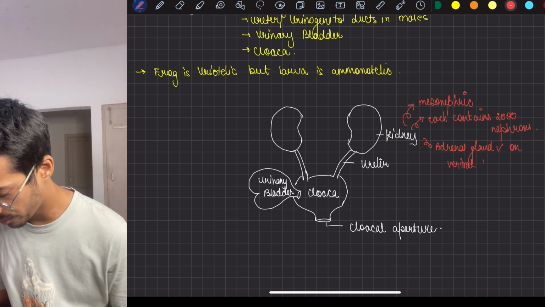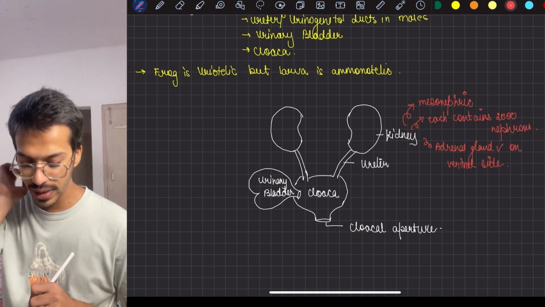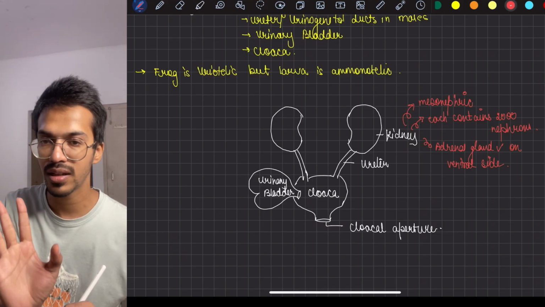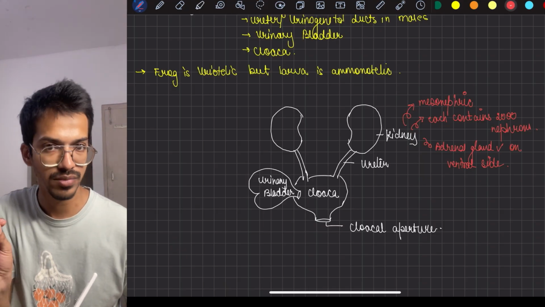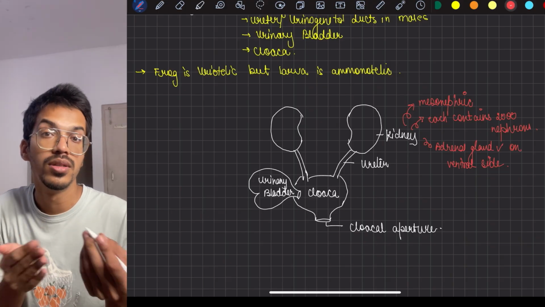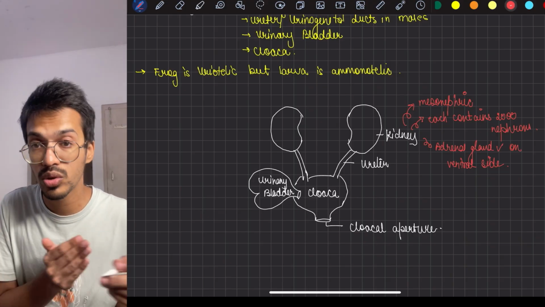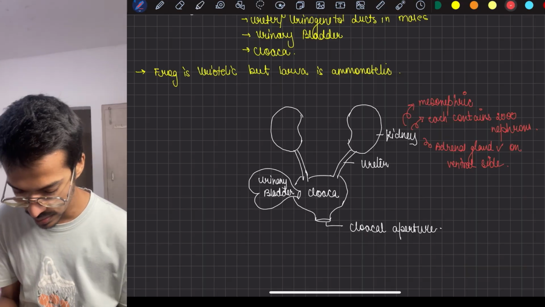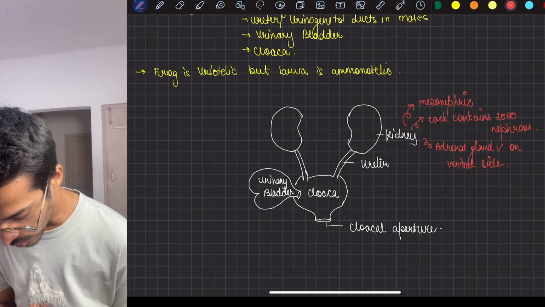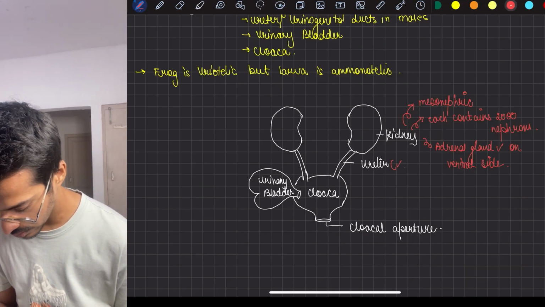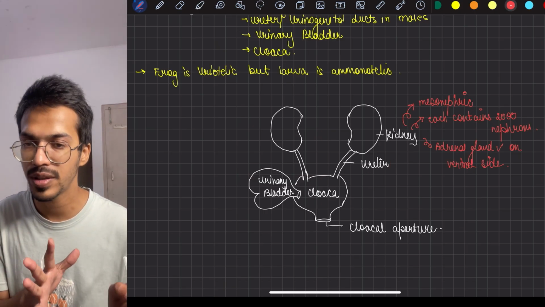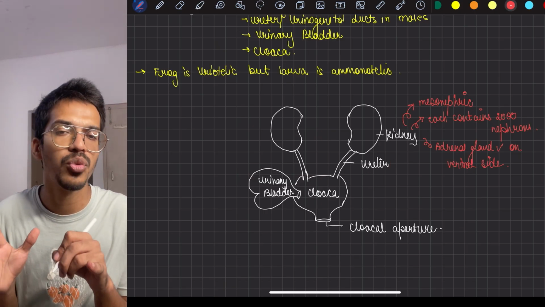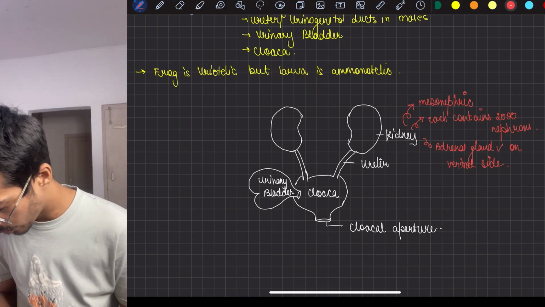Now these ureters are present both in male and female, but in males what is it doing? It is also responsible for the sperm release, so they are called urinogenital tracts, okay. In females, they are called ureters, because in females their only work is to release the urine.